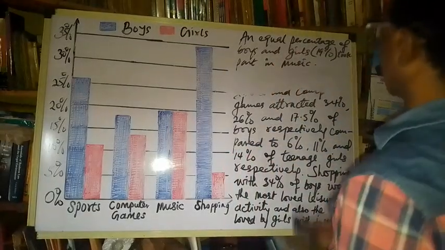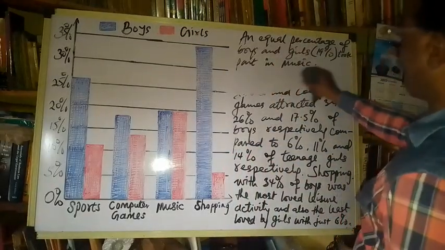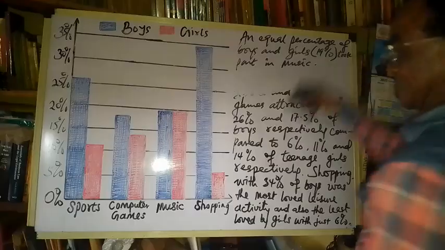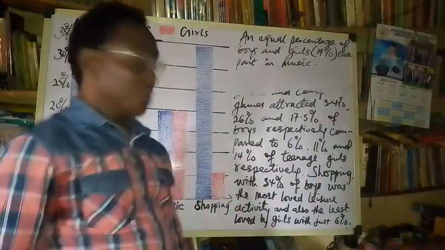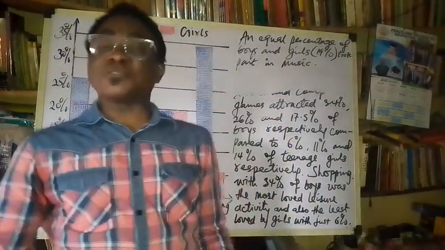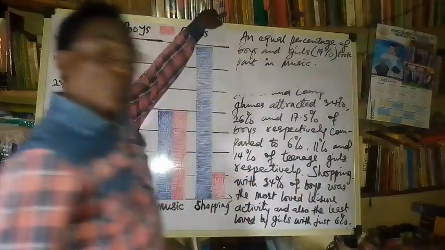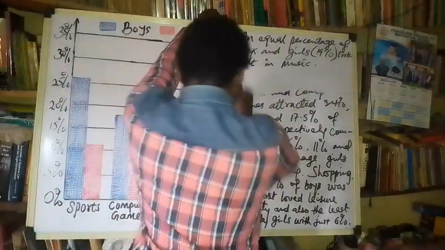It says an equal percentage of boys and girls, that's 19%, took part in music. So with this, we are done with the first main feature, that's the third paragraph. So we may now move over to the final paragraph.